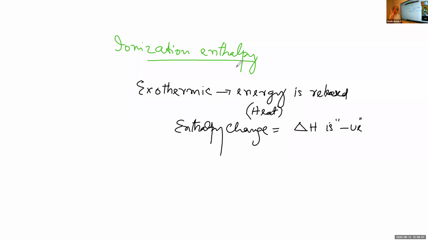So enthalpy change is a change in the energy absorbed or released. During exothermic change, energy or heat is released, and in that case, we say the enthalpy change delta H is negative. Then, you know the endothermic change.